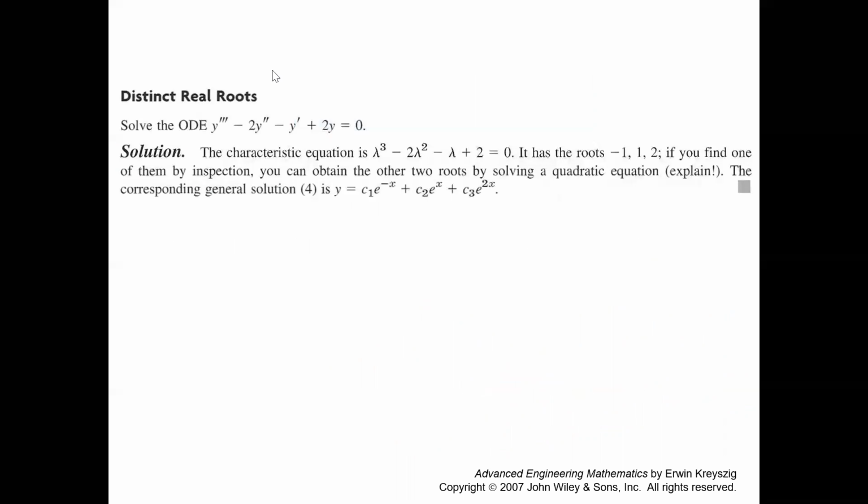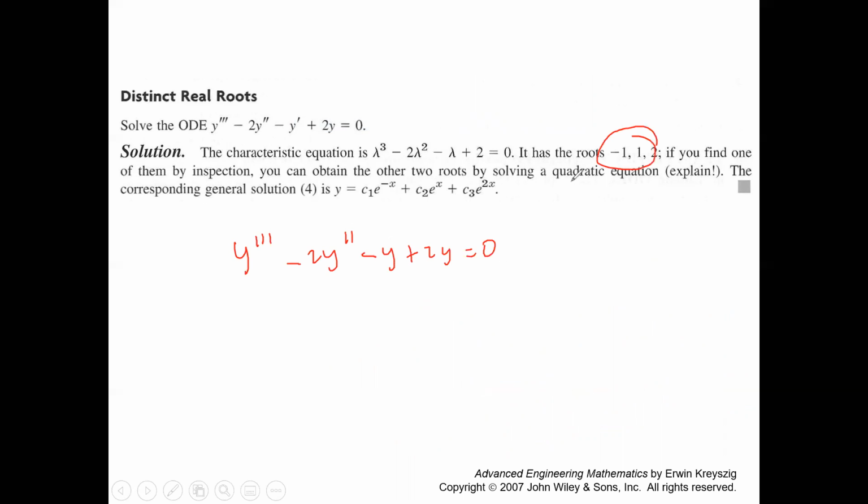Let's try this example. Solve the ODE y''' minus 2y'' minus y' plus 2y equal to 0. How do you find the roots? Well, you can use synthetic division, which I prefer. So this becomes 1, minus 2, minus 1, and 2.